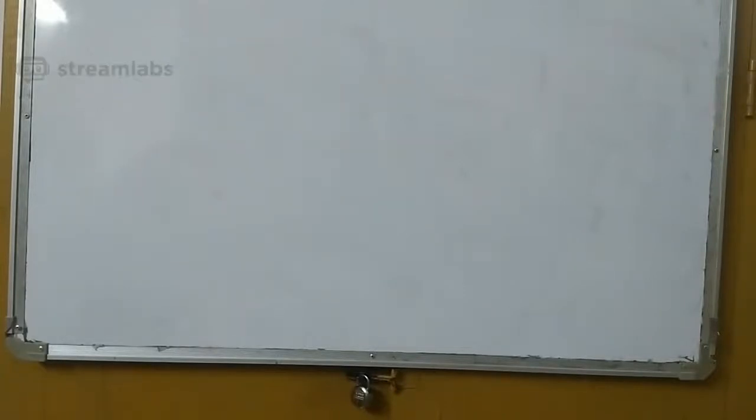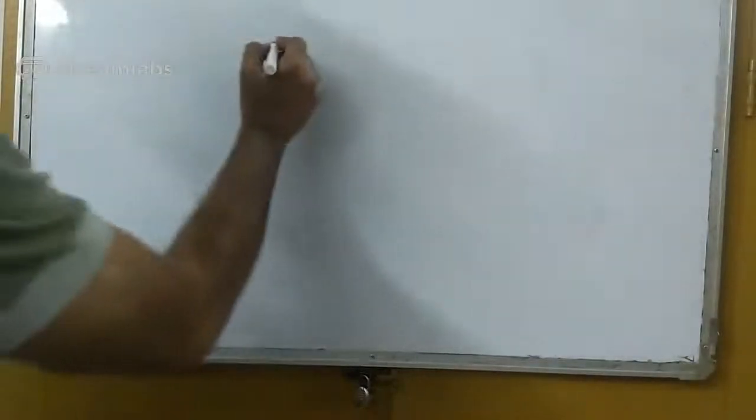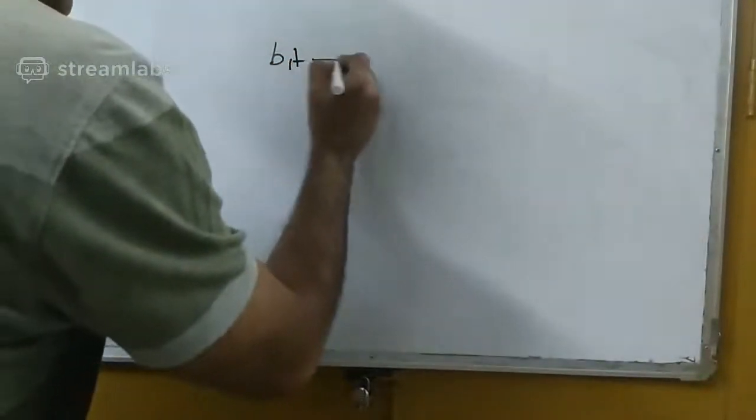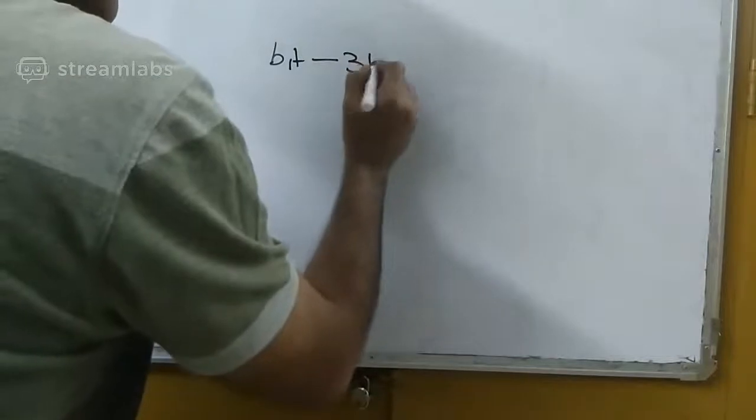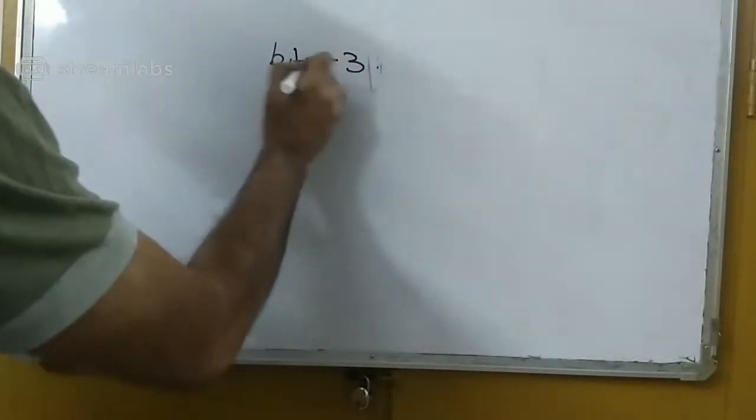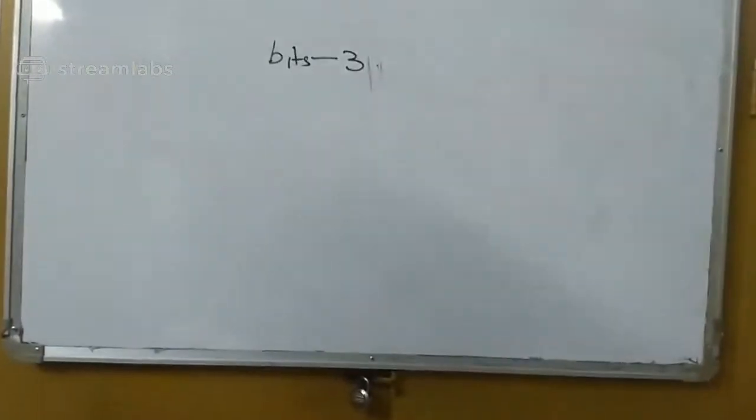So I'll first read out the problem. We need to send 3 bits at a time at a bit rate of 3 Mbps. Here, they want to send 3 bits per signal element.